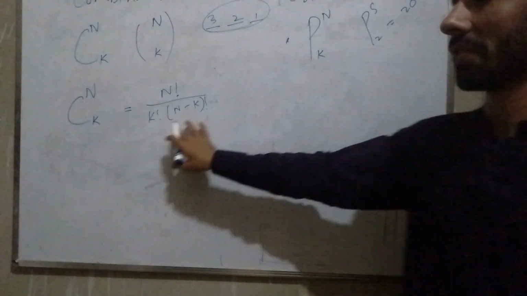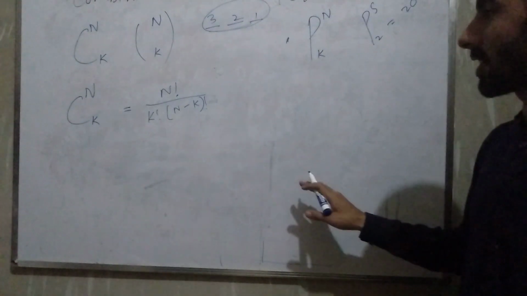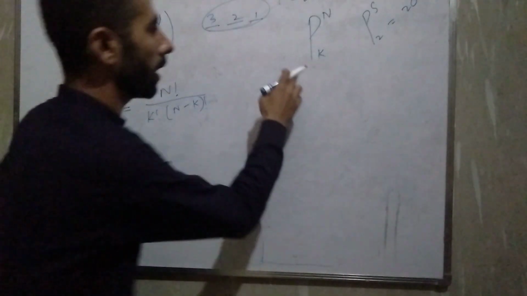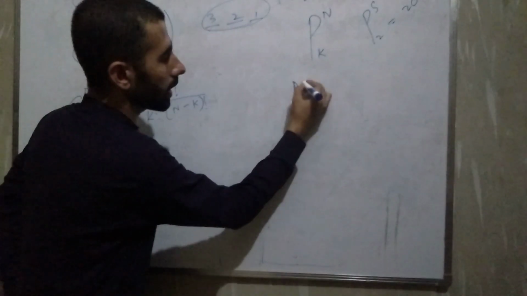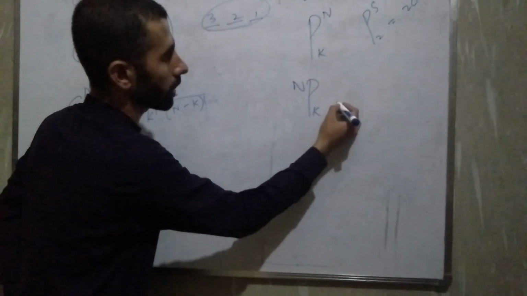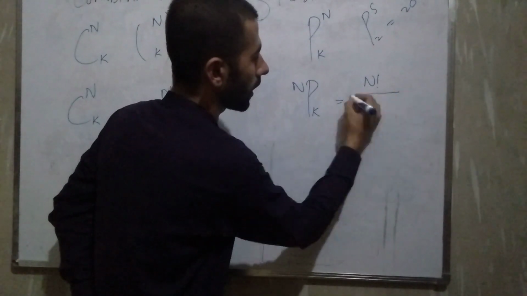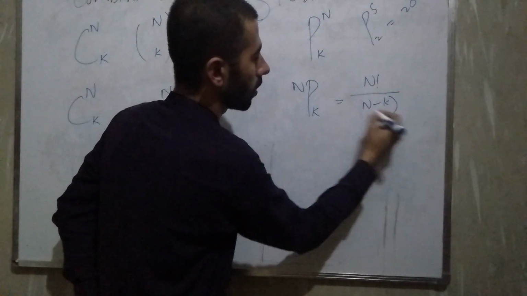We don't know where this formula or this relation came from. And similarly for n permutation k, we write the relation that n permutation k is n factorial divided by n minus k whole factorial.